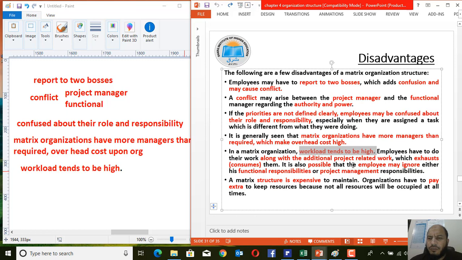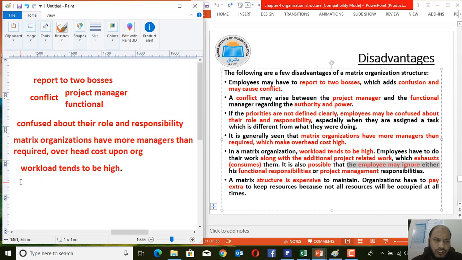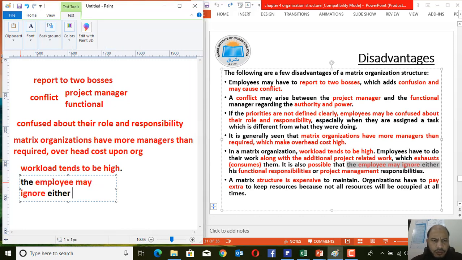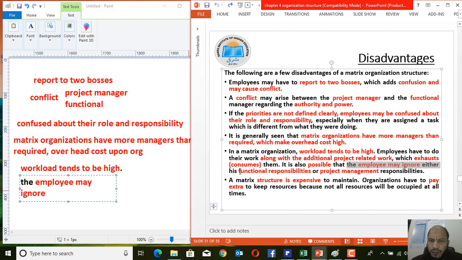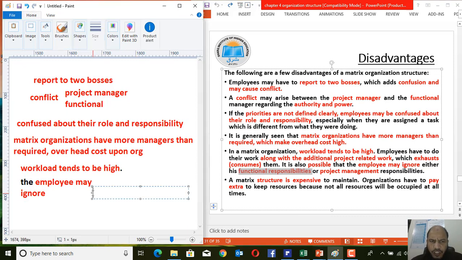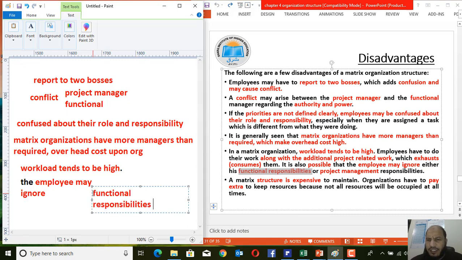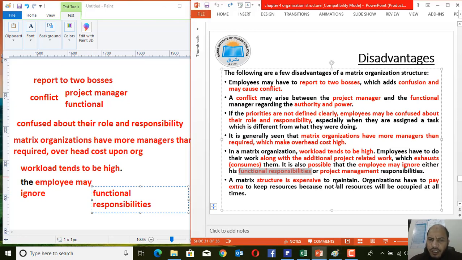It's also possible that employees may ignore some of their functional responsibility because they are busy with two bosses or two departments. So it directly affects the organization and also the project activities.